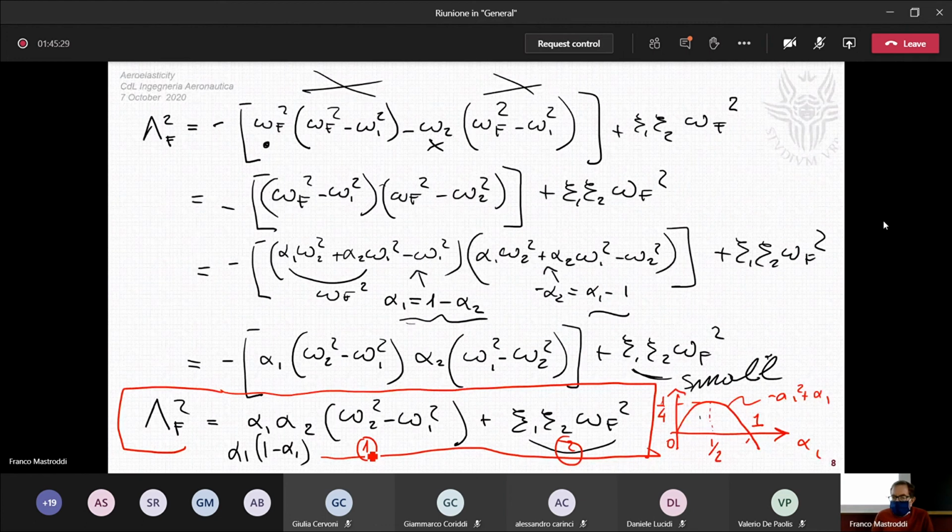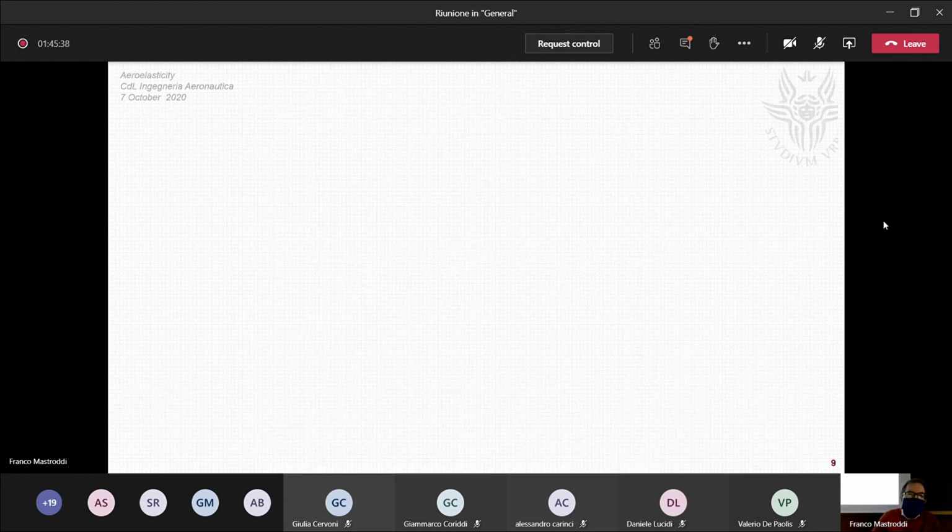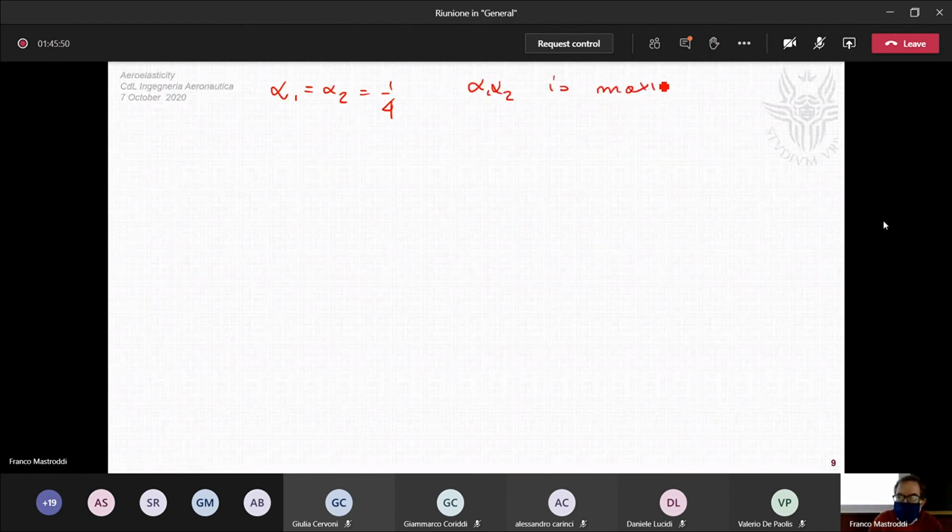But this is not the only discussion to have with you about this parameter. So when alpha 1 is equal to alpha 2 is equal to 1/2, okay, the quantity alpha 1, alpha 2 is maximum with respect to alpha 1.